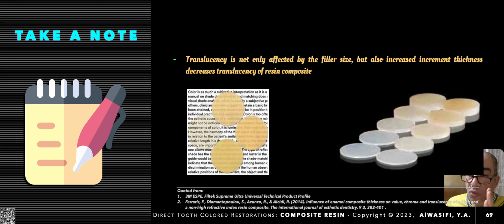That's why most manufacturers provide you with different shades for enamel and different shades of dentine when you are going to restore a huge cavity or an extensive cavity, in order to not use one shade, that will appear opaque or lose translucency due to increased thickness of the same one.